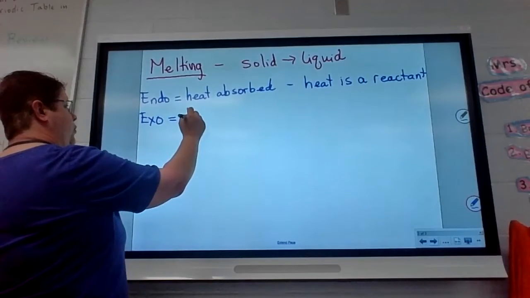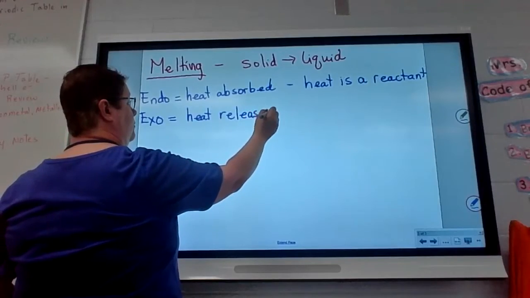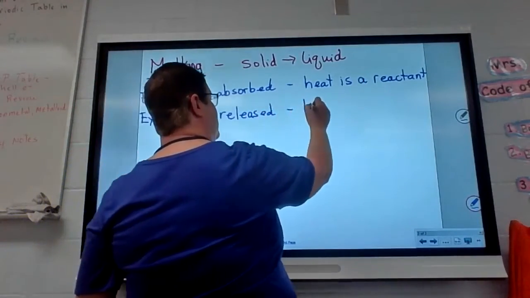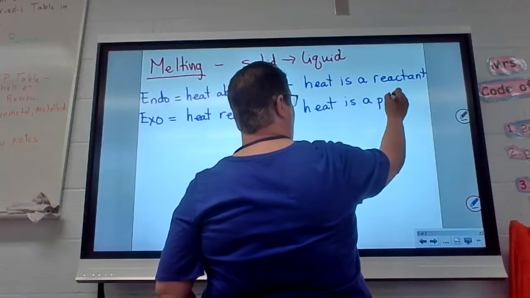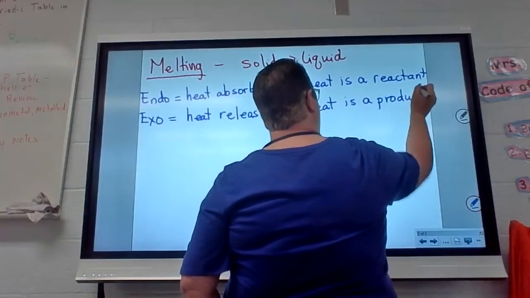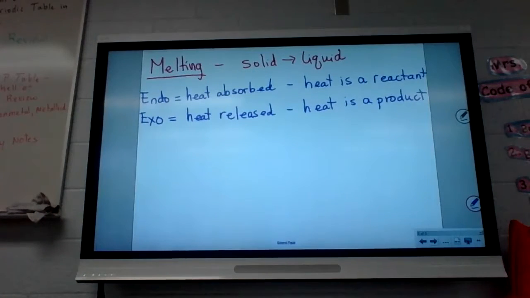Exo would mean heat is released, so heat will be a product. We're going to learn to write equations tomorrow. If the heat is on the reactant side, it's absorbed and it's endothermic. If the heat is on the product side, it is released and it's exothermic. Are you with me on that?